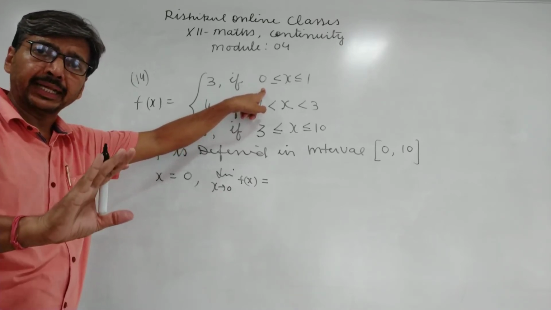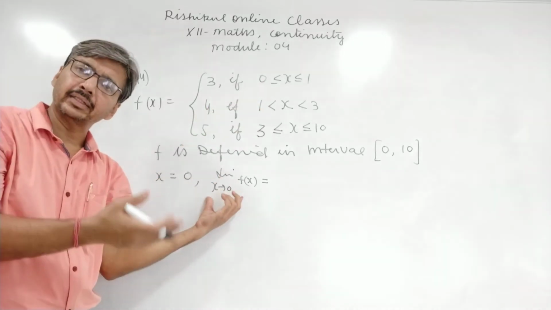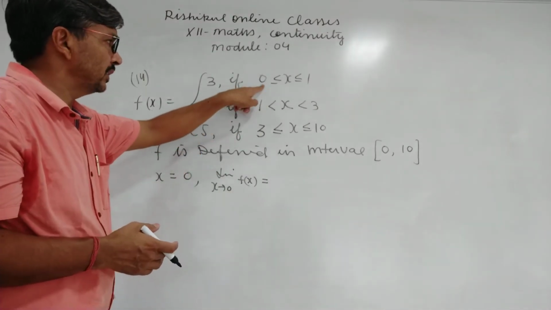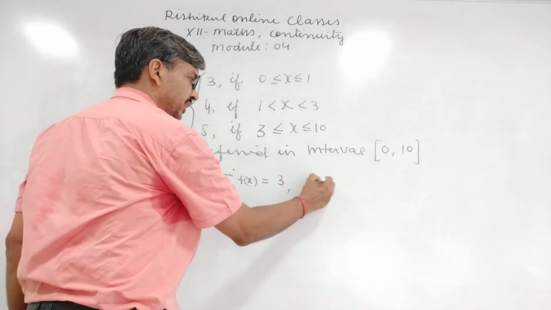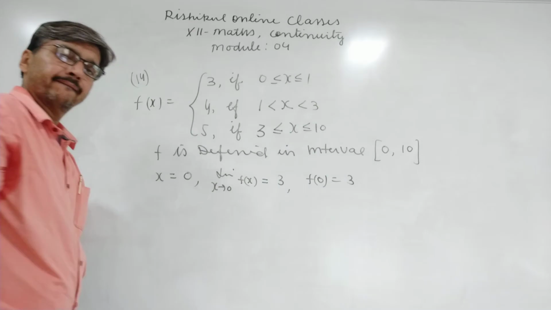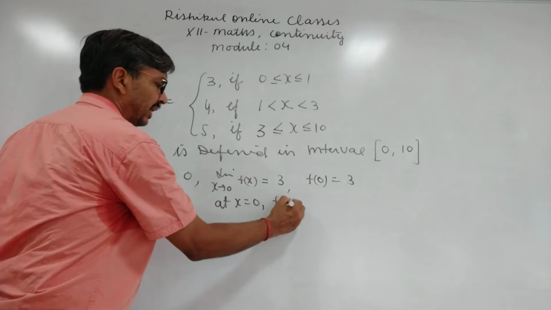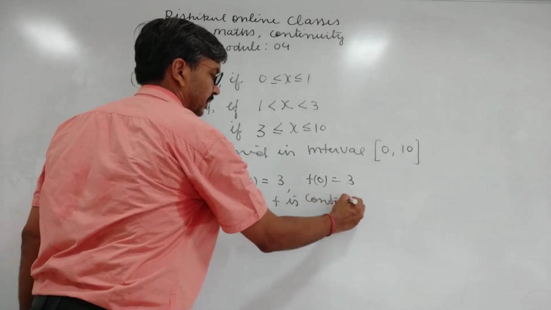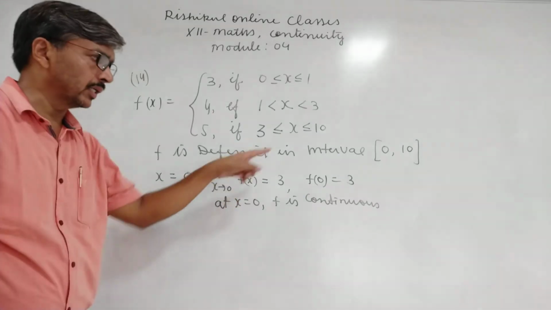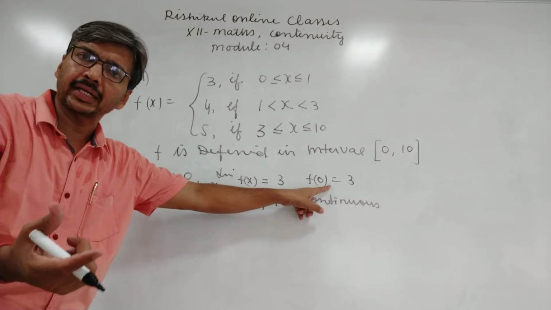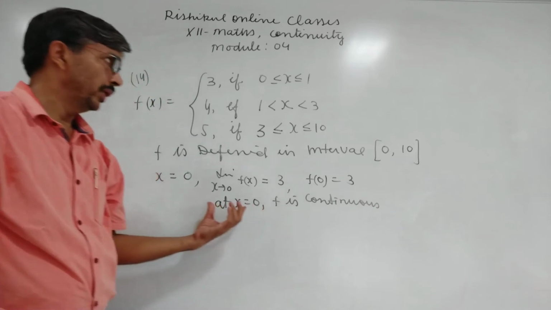It means we can say that this is the right limit. So for x equal to 0, value is 3, and f(0) is also 3. It means at x equal to 0, f is continuous, because limit of a function is equal to the value of the function at x equal to 0. Therefore, f is continuous at x equal to 0.